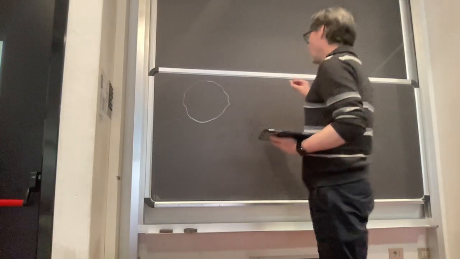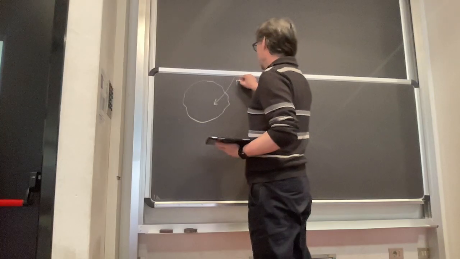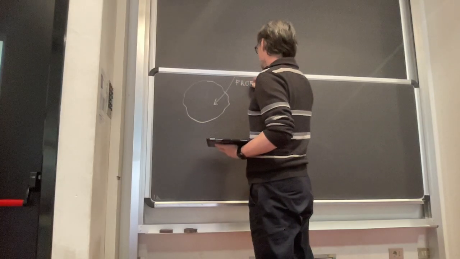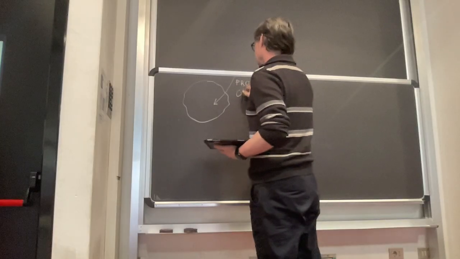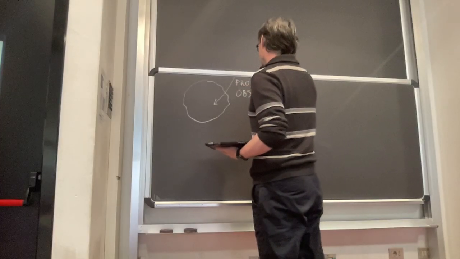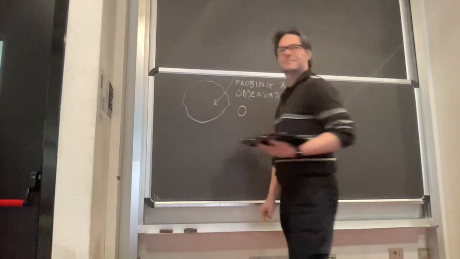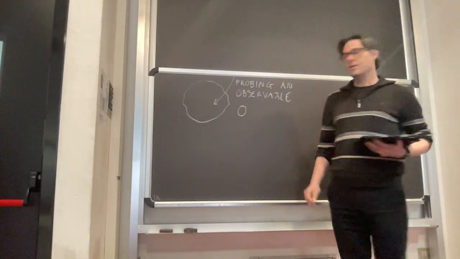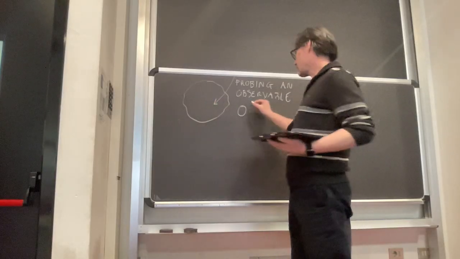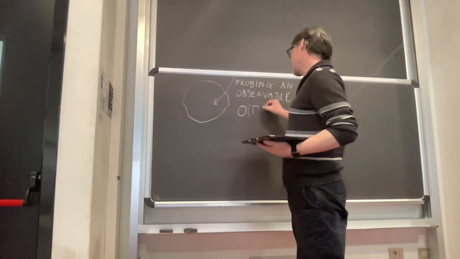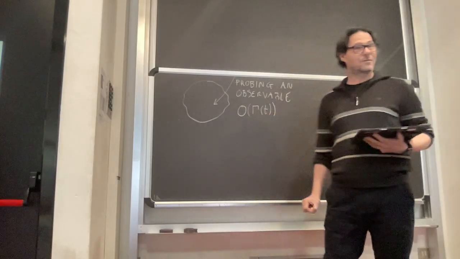And one way to access this experimentally is by probing and observing. Let's call it O, right? And this observable, since it's a classical quantity, it's just a function of the phase space variable at time t, right?